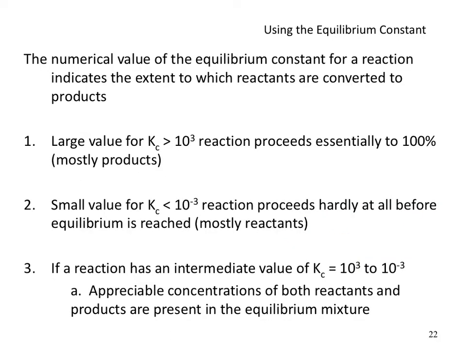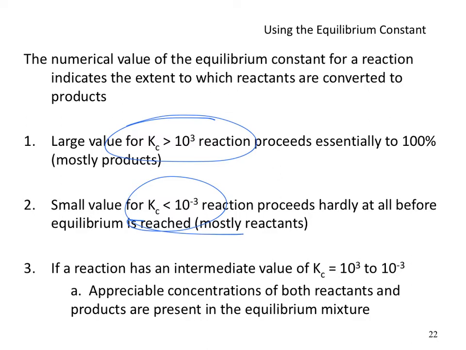Now, like I was saying, if the value of Kc is more than 1,000, that's a fairly large value, and it's primarily your products that are going to be in your equilibrium mixture. On the other hand, if that value is less than 10 to the power of minus 3, then you can say that it's a fairly small value, and so it'll be primarily reactants.